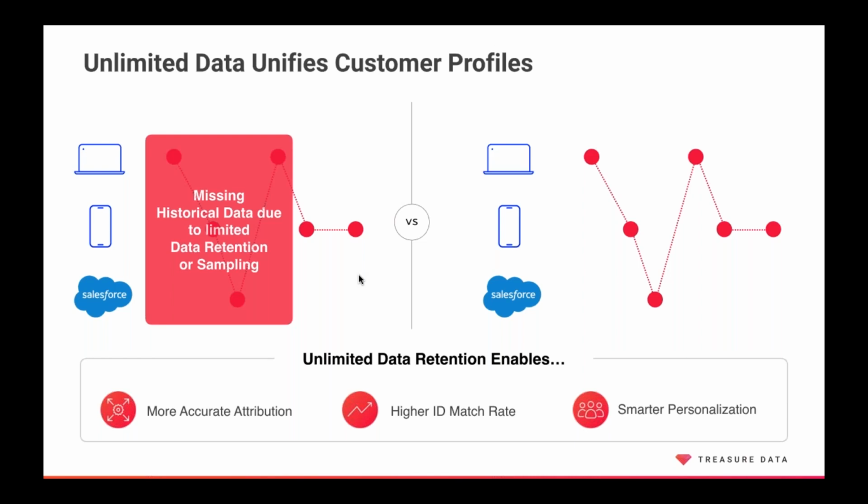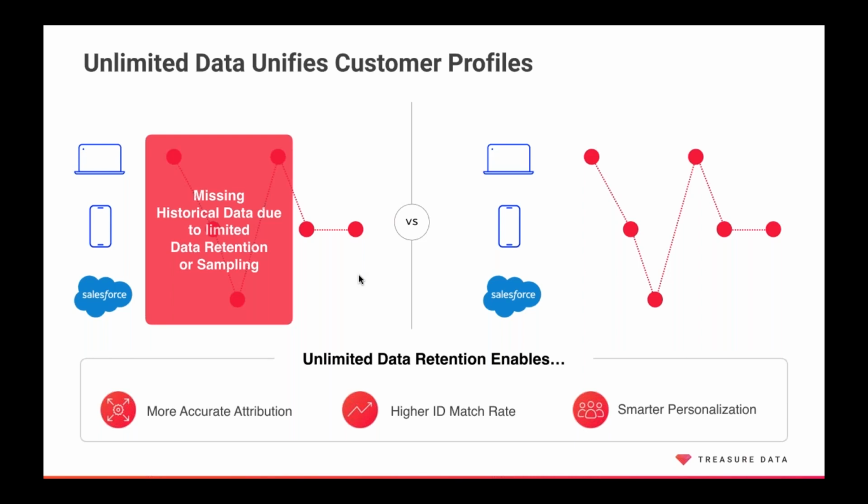Therefore, your probabilistic match rates will also be higher, because your data has a bigger history, is richer, and we can match across all of those historical data points. Due to that deep understanding of customer behavior, we can also personalize the user experience better across different channels. That channel could be social.